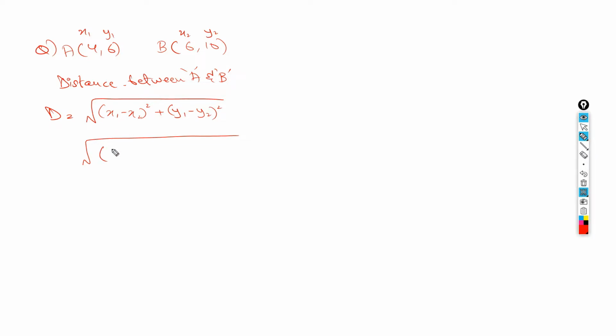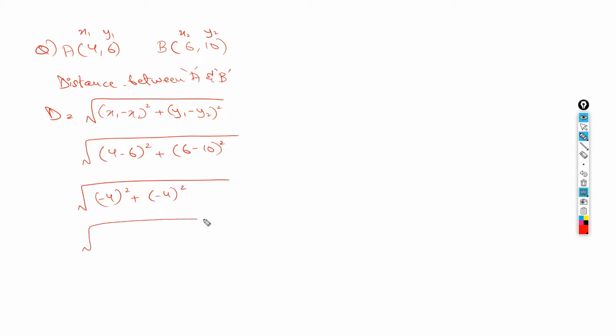Let's try this. So x1 is 4, x2 is 6, the whole square plus y1 is 6 and y2 is 10, the whole square. Again, under root all of it, you get minus 4 square plus minus 4 square.